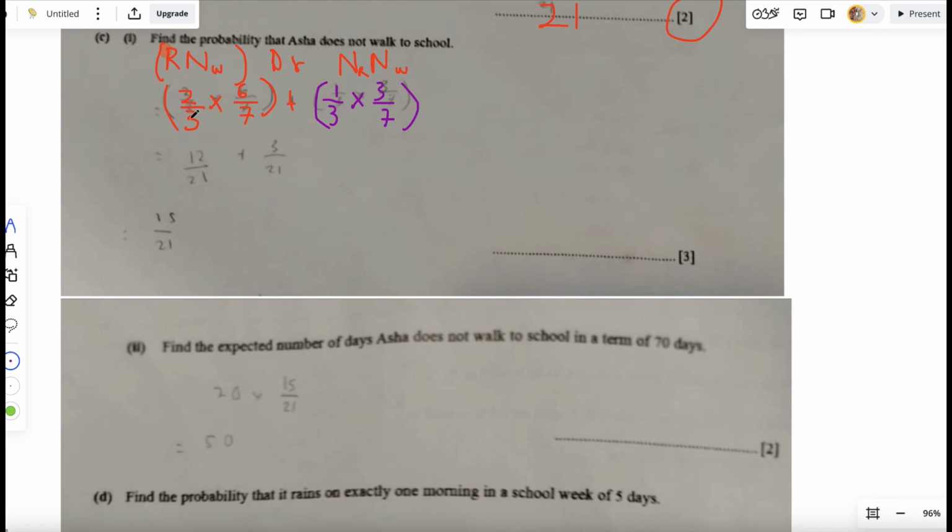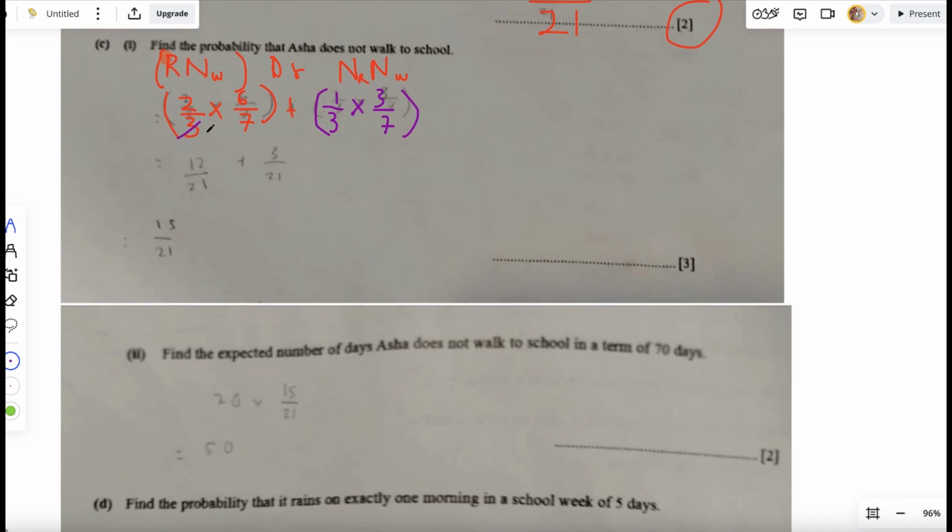So we can reduce. 3 can go into this. 3 go here, 1. 3 divided by 3, we get 1. If you like, you just multiply the numerator and denominator. It becomes 12 over 21. And then you move to this one. But for easy ability, 3 go here, 1, 3 go here, 2.